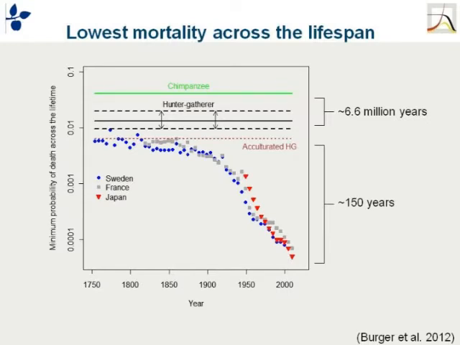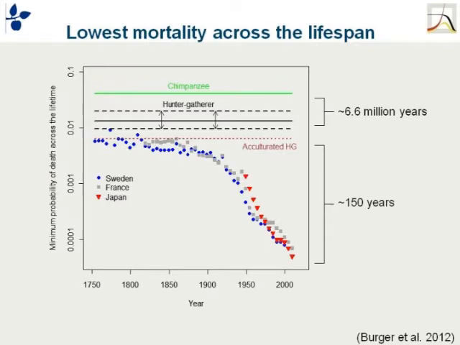So if you look at the chimpanzees, their lowest level of mortality is up there. It's about 5%, 4%, I think. And then in the hunter-gatherers, there's about 6.6 million years that separate us from our common ancestor. So over a period of 6.6 million years, there was that change in the minimum level of mortality.